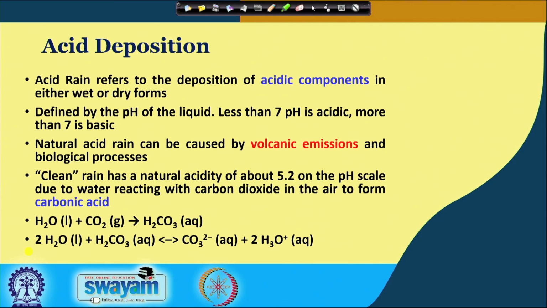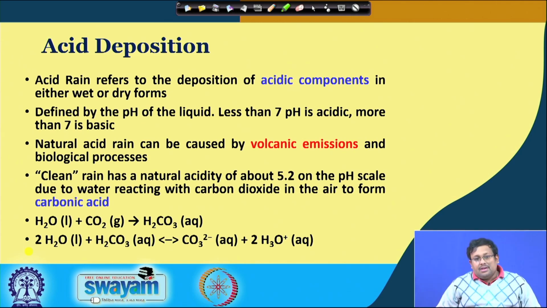Clean rain has a natural acidity of about 5.2 on the pH scale, because when water reacts with carbon dioxide in the atmosphere, it produces carbonic acid, which is one of the mild acids, and as a result the pH goes down to 5.2.